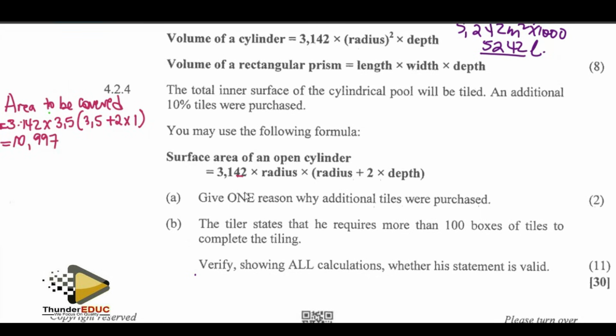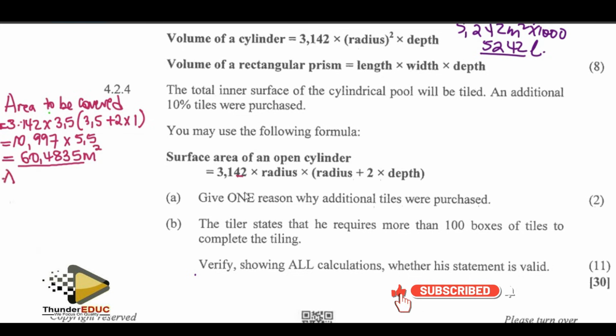Since there's no symbol here, put a multiplication sign times 5,5, which we get as 60. Please take note, these are not tiles. This is the area to be covered first.